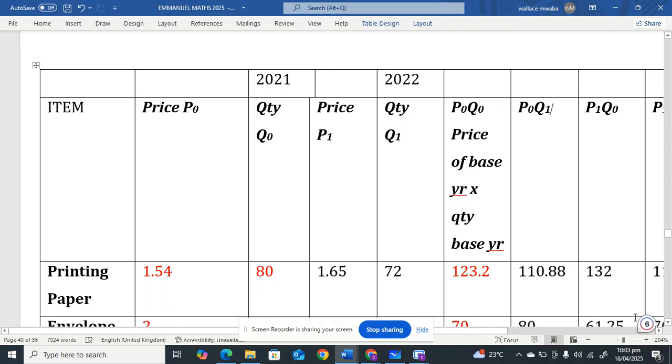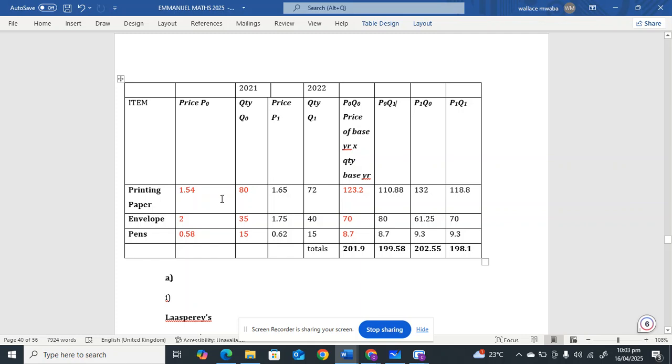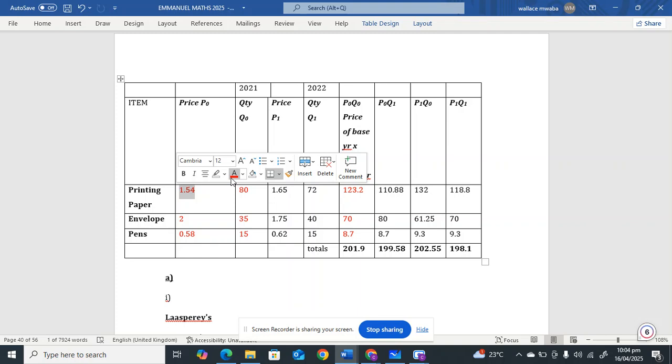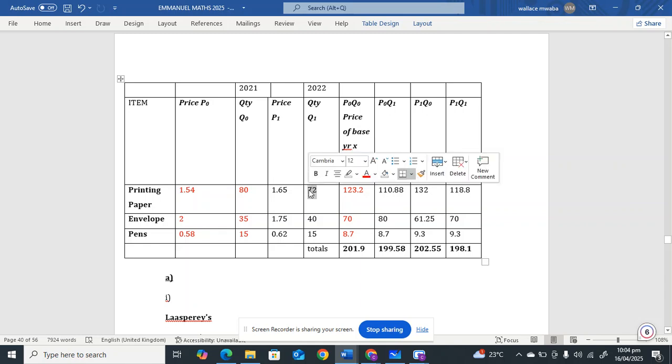So these prices are going to be multiplied by these quantities for 2022. The prices for 2021, you multiply them by the quantities of 2022. Okay. So you're going to say 1.54 multiplied by 72. What do we get?